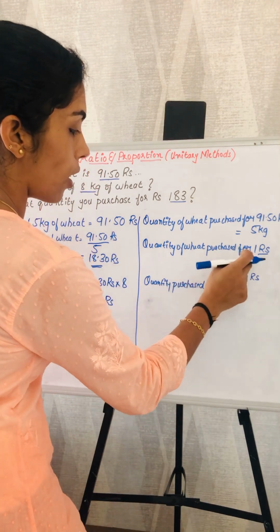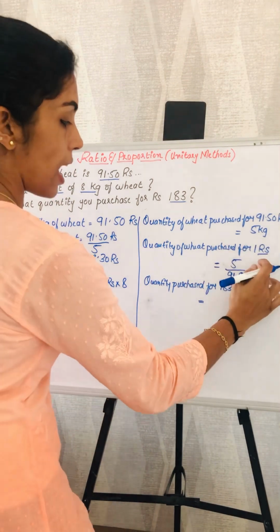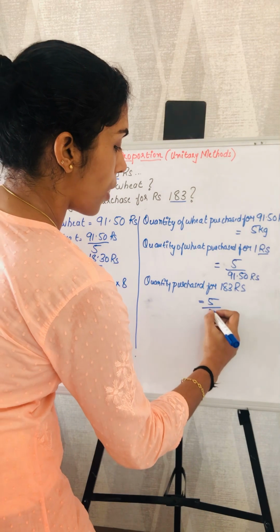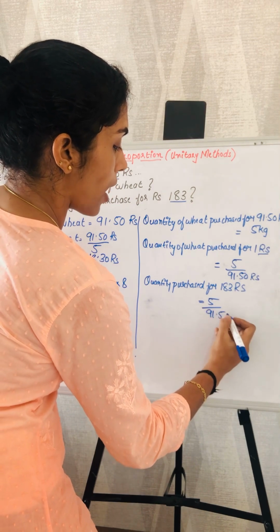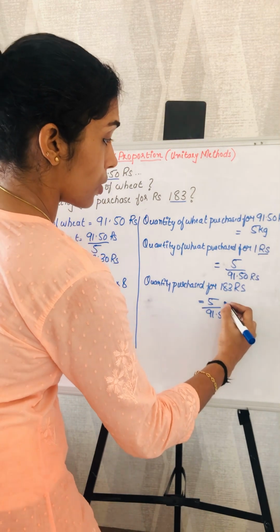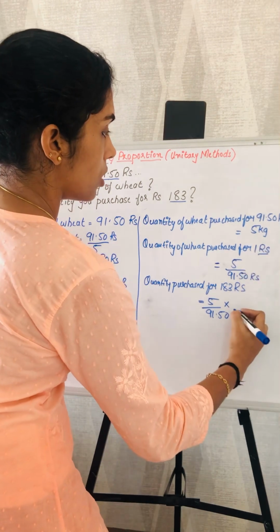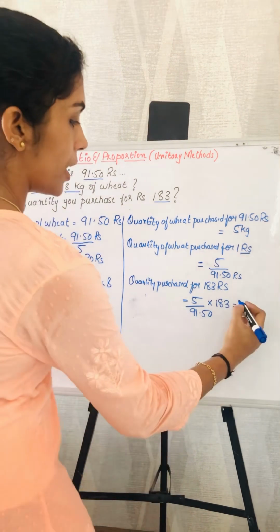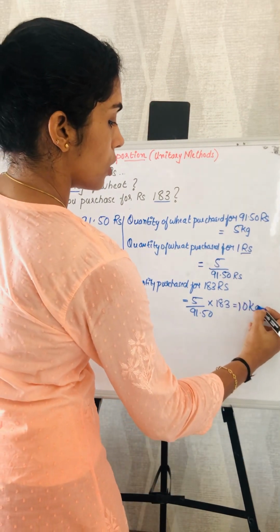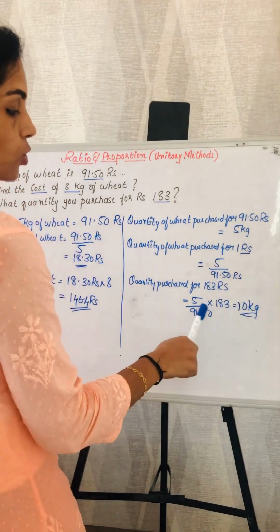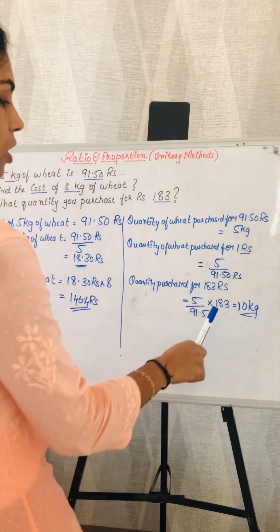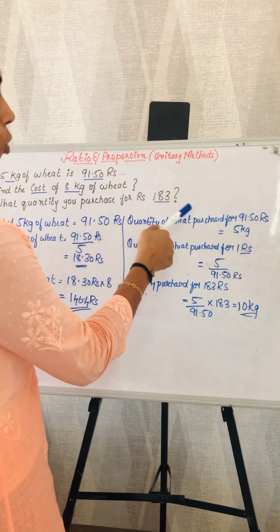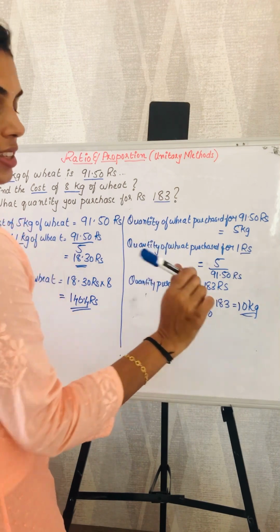So you get the answer for 1 rupee. Now 5 divided by 91.50 into what? What you have to find? That is 183 rupees. 10 kg. So I don't want to waste your time solving this multiplication and division. Okay, now we got the answer. That is, what quantity you purchase for 183 rupees is 10 kg.